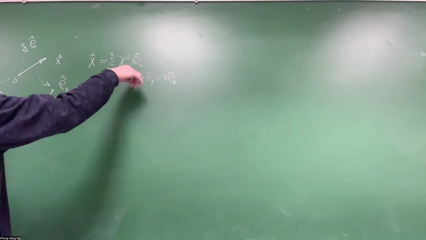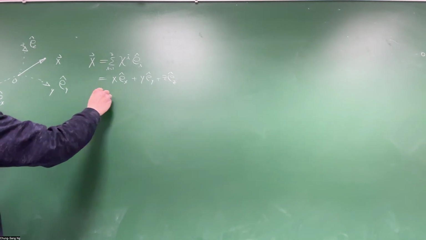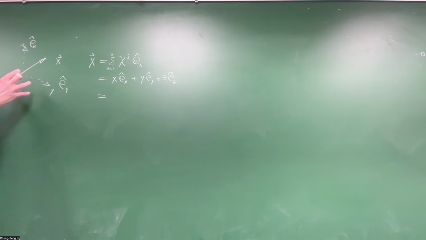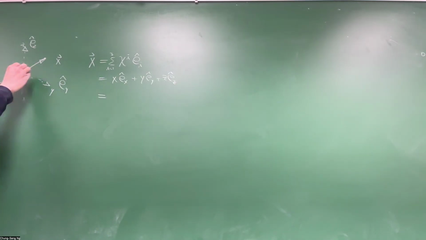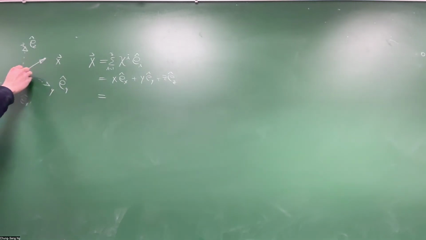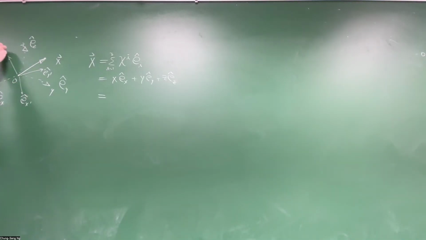Say, if you choose another coordinate system, the simplest change of coordinate system is just to rotate it. You rotate it and you get x prime, y prime, or the directions are e_x prime, e_y prime, and then e_z prime.